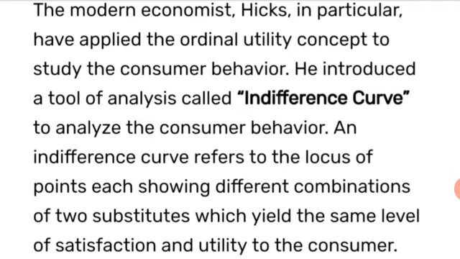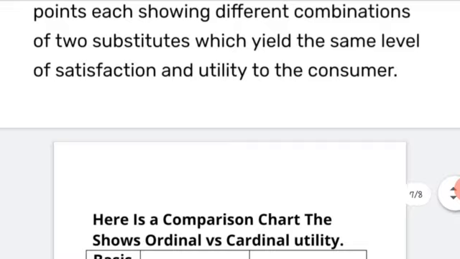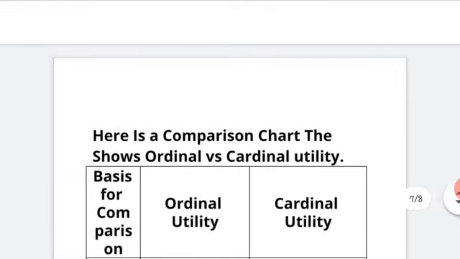Indifference curve refers to the locus of points showing the different combinations on that curve of two substitutes which yield the same level of satisfaction and utility to the consumer. Throughout that curve, whatever the combination may be, A or B or C or D, the satisfaction remains the same. So this is a very important concept. Later on we will discuss with the help of characteristics and beautiful diagrams.